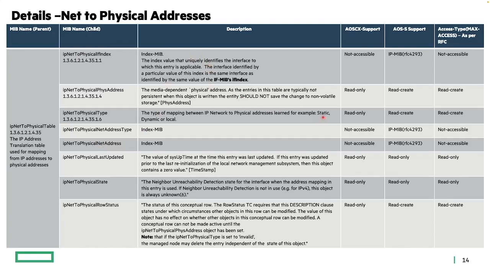Whether it is static, dynamic, or local, and so on, right? And how AOS-CX support is on these MIBs today. It's all read only. These are not accessible, which is as per RFC as well. How AOSS support is for these MIBs.